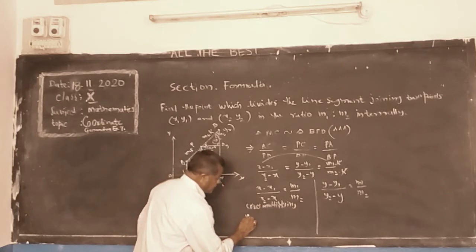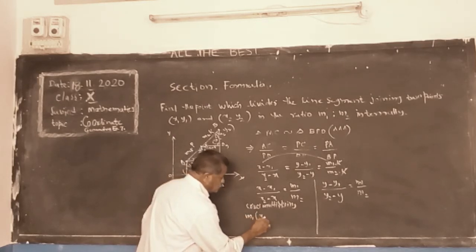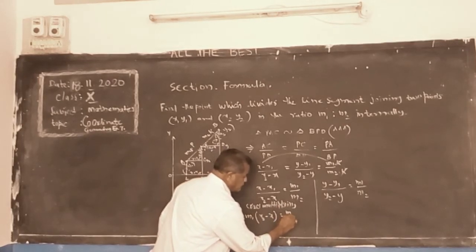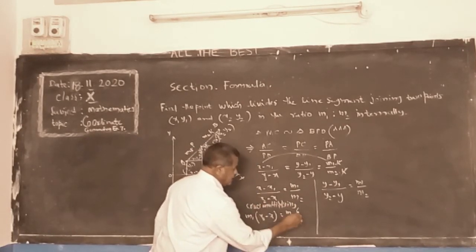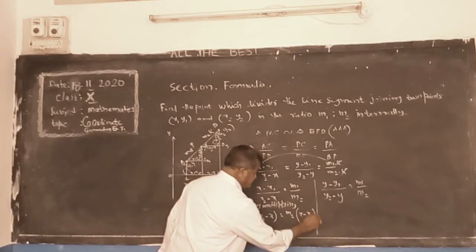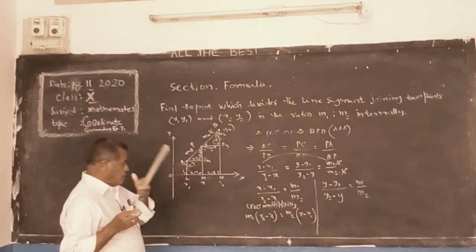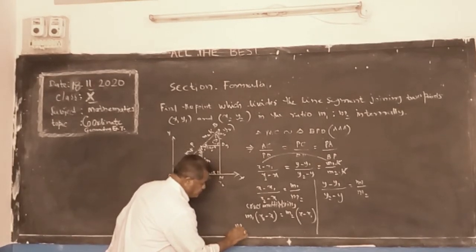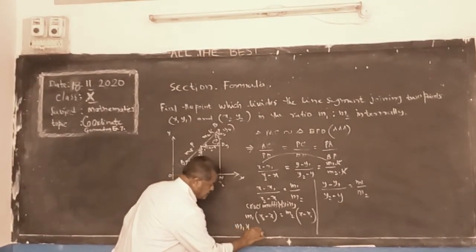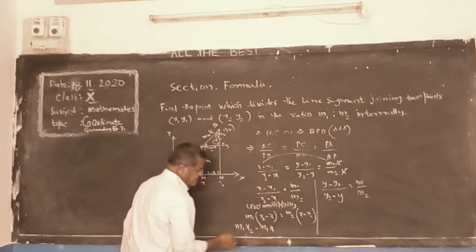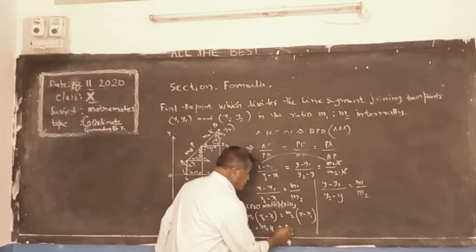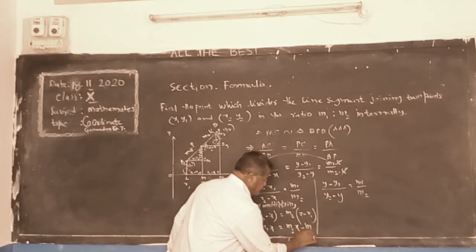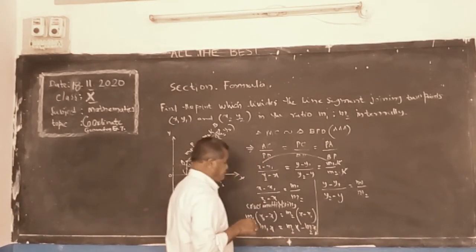Cross multiplying, m1 of (x minus x1)... m1 x2 minus m1 x is equal to m2 x minus m2 x1.